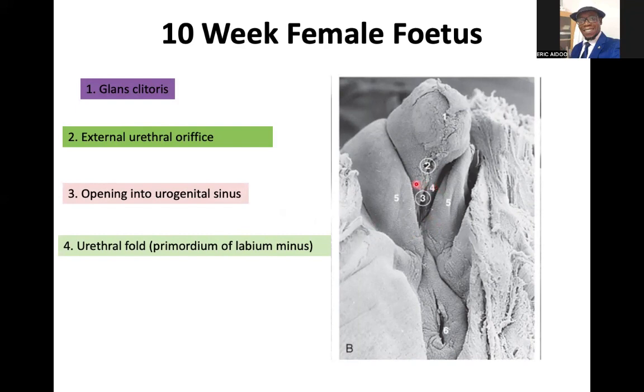Remember that in the male, if it doesn't completely fuse, you're going to have hypospadias, urethral fold. Then you have the labioscrotal swellings, which become the labia majora, number 5.